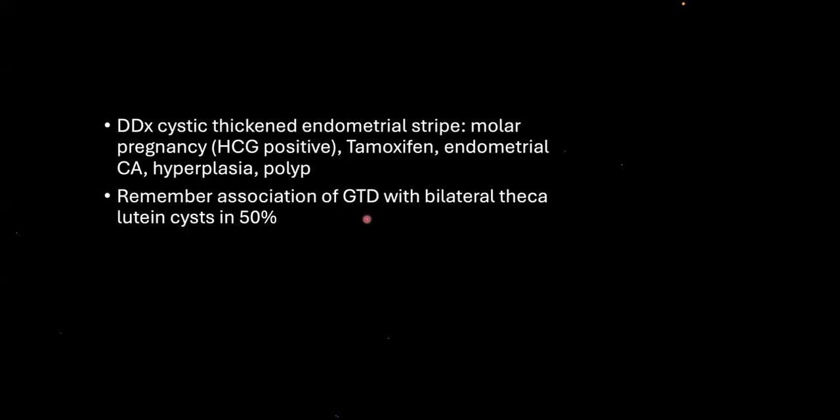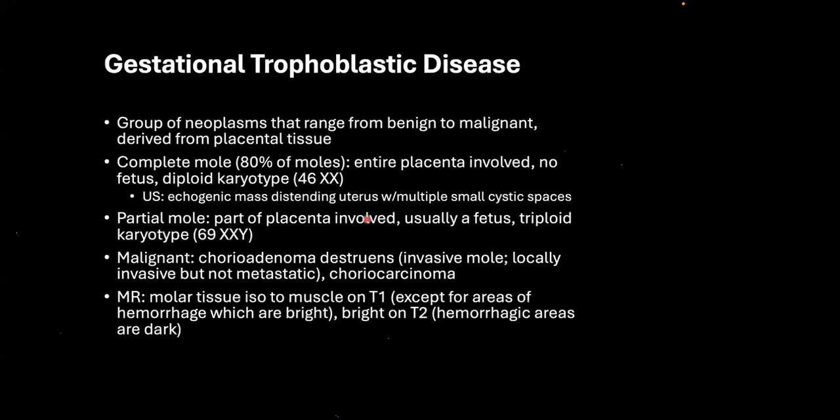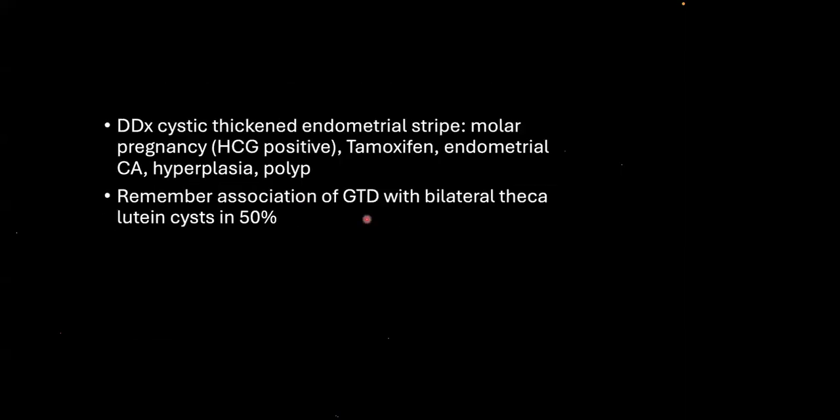One of the things is that usually GTN will come with bulky cystic ovaries also. That can be one of the points. It can be associated with bilateral theca lutein cysts.